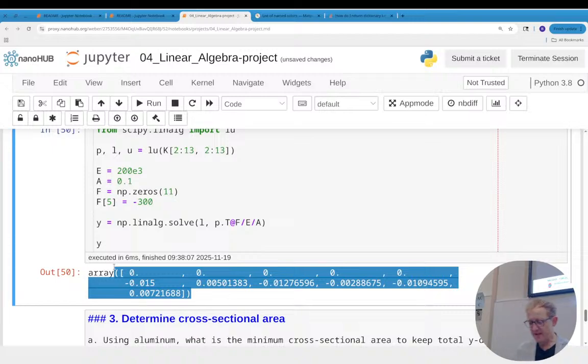Do these numbers mean anything? Like what is that output for Y? Are these displacements or forces or strain? Does it have any real meaning?